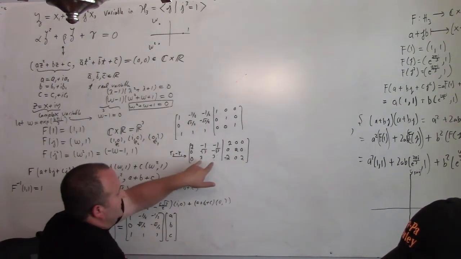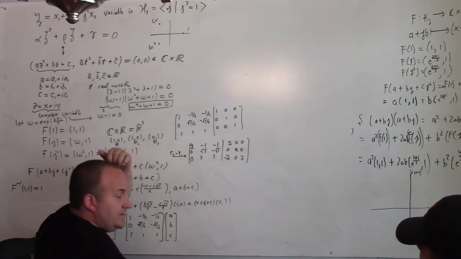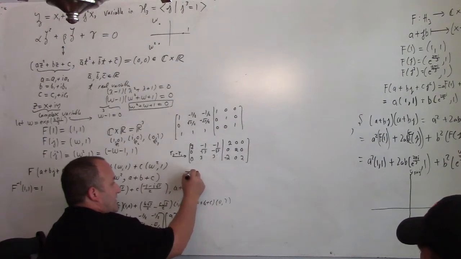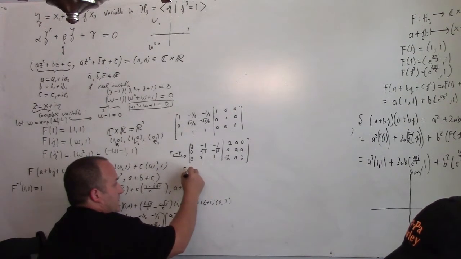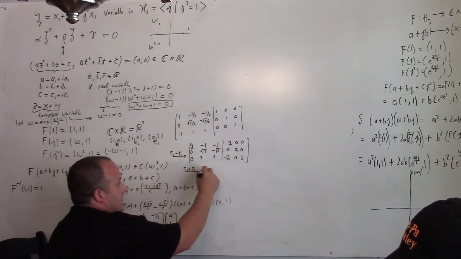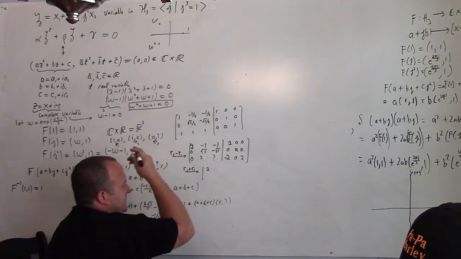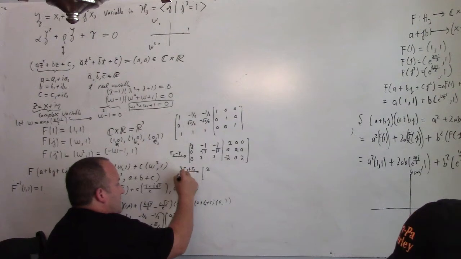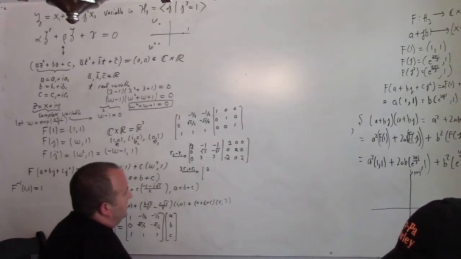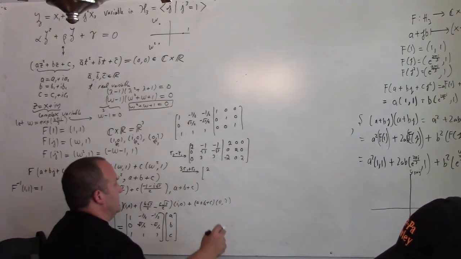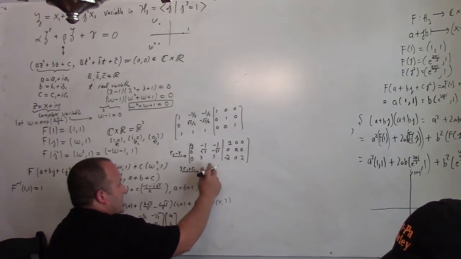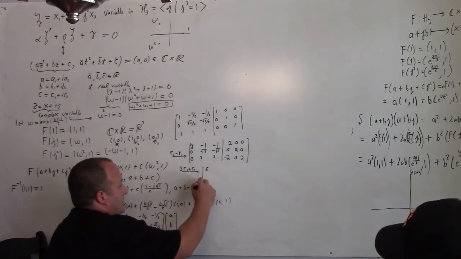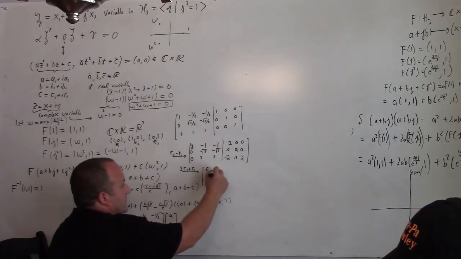Then you see something nice happens if I add row 3 to row 1. Oh yeah, that's nice. So I get 2. Oh, but not just that. I should add 3 times row 1 to row 3, because then the 3 cancels. So 3 times row 1 is 6, 0, 0.